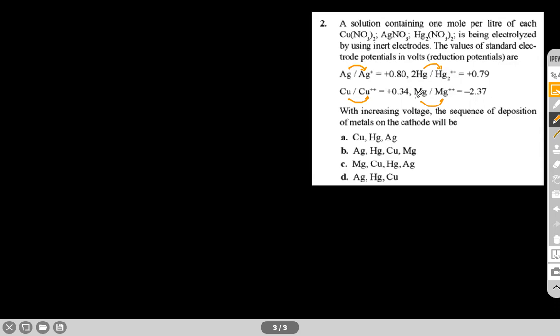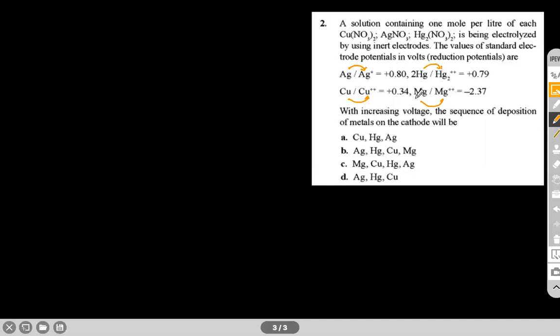So deposition at cathode means it has to get reduced. And we know the one which has maximum value of oxidation potential will have the minimum value of reduction potential.